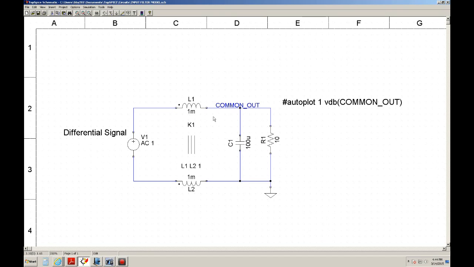If you notice, the current will come in this direction, the dotted.